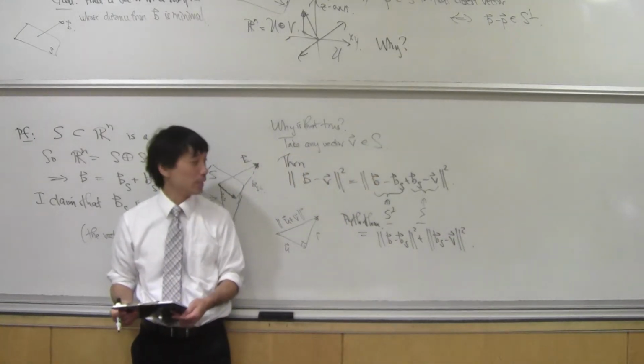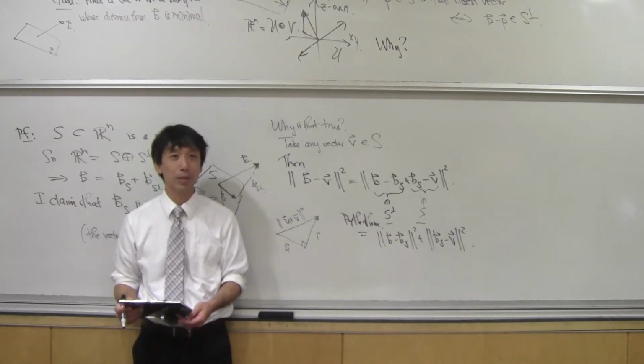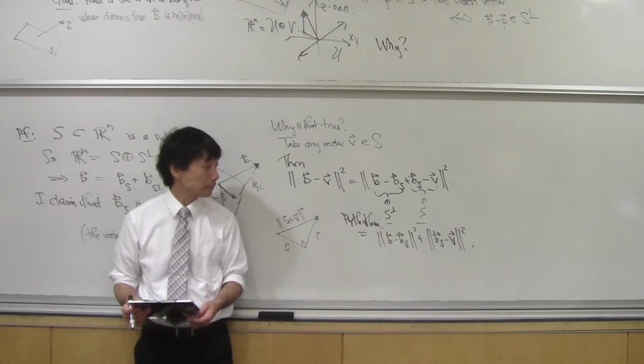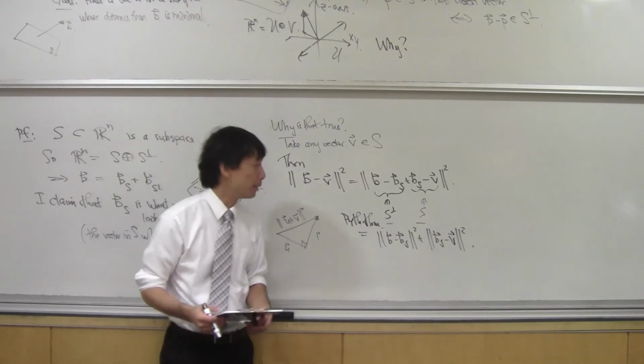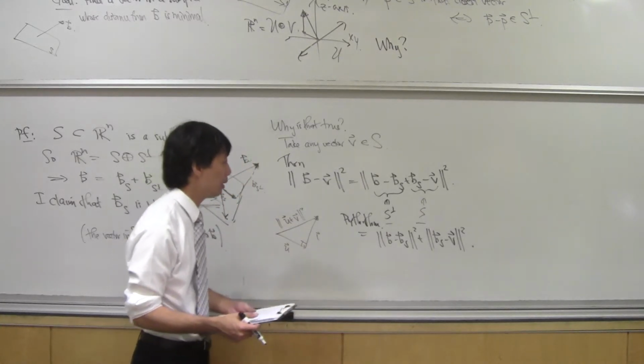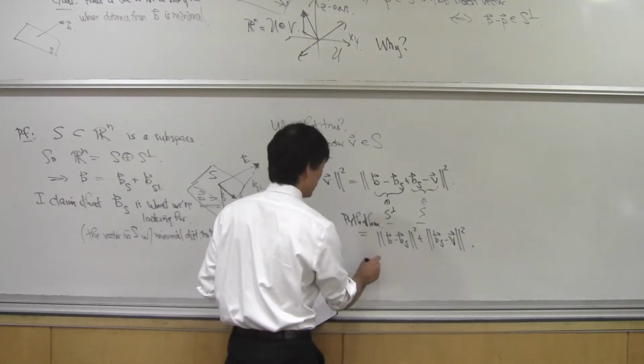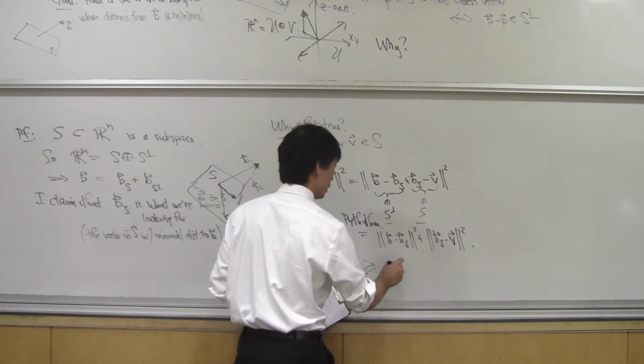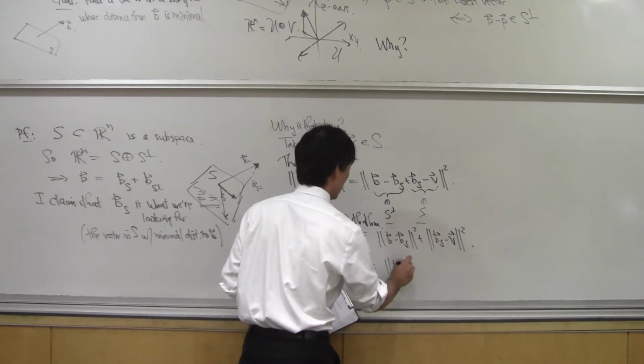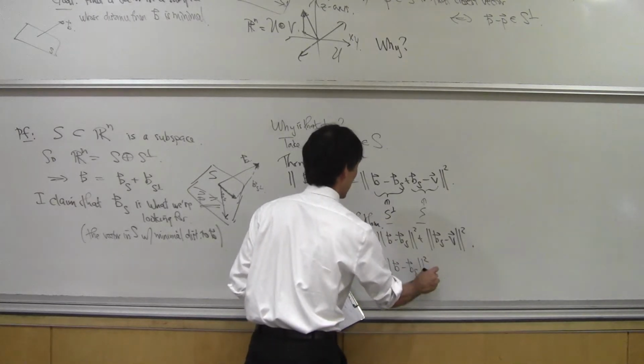C squared equals A squared plus B squared for a right triangle. But that is bigger than or equal to the distance of b to bs squared.